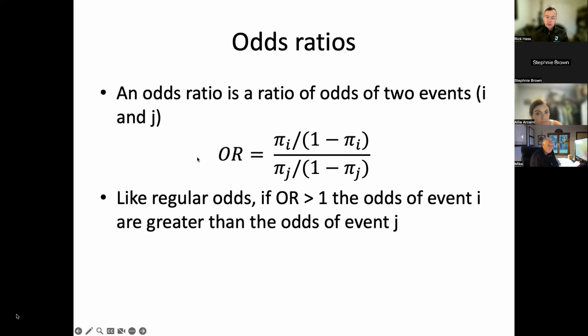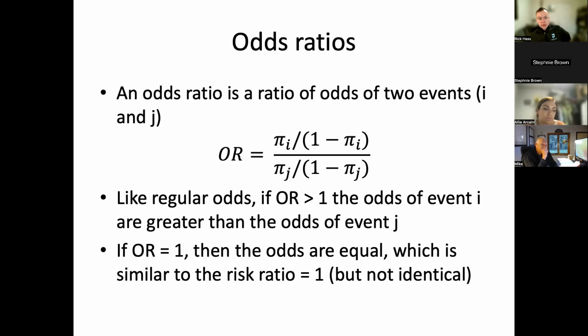So if an odds ratio is greater than 1, that means that the odds of the event happening in the group represented by the numerator are larger than the odds of the event happening for the group represented by the denominator. Okay? So again, if we had odds of asthma for males on top and odds of asthma for females on the bottom, the odds ratio would tell us how many times larger or smaller the odds of asthma for males were compared to females.